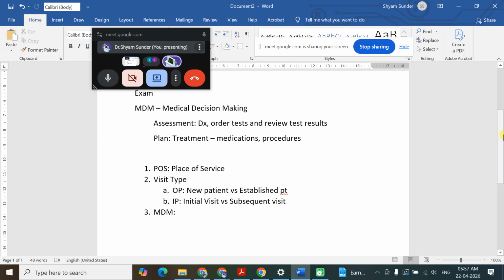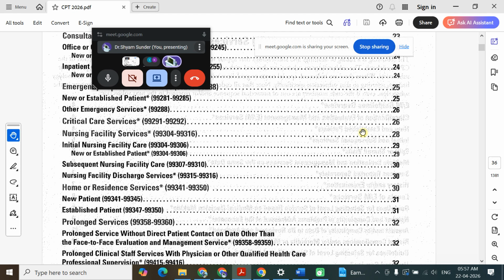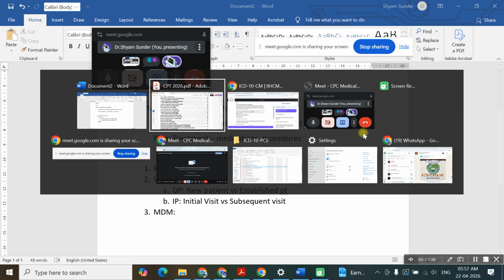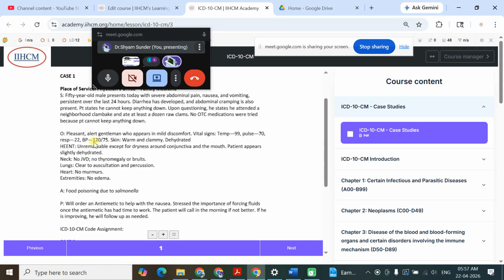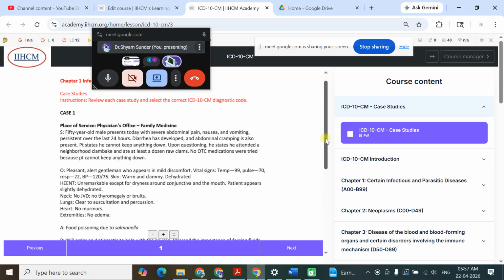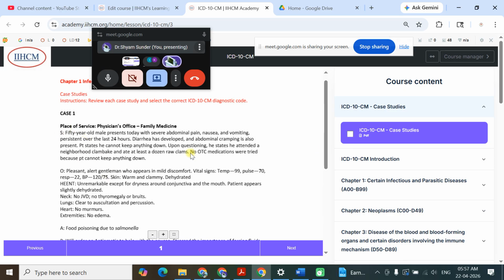Now if you look at these visits, you can start assigning E/M codes, but you have to ask the place of service, whether new or established, and then MDM. You have to understand MDM.